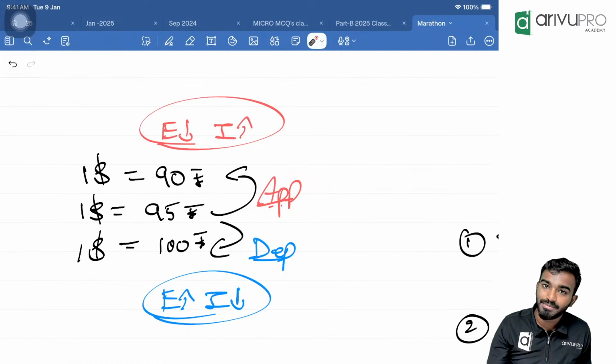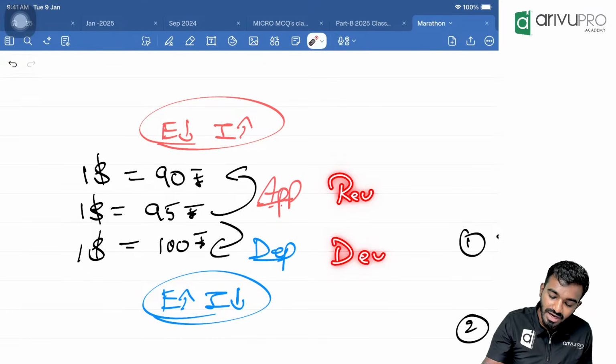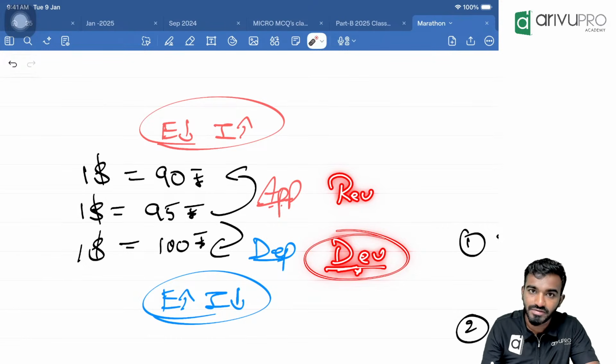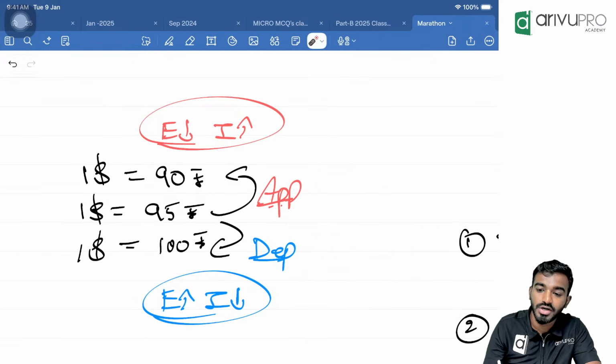If the same thing happens in a fixed exchange rate, it is called revaluation or devaluation. Depreciation is called devaluation in a fixed exchange rate, and appreciation is called revaluation in a fixed exchange rate. That is in fixed; this is in floating. This is the main logic we discussed yesterday. Clear? When exports will increase, when exports will decrease, when imports will increase, when imports will decrease.